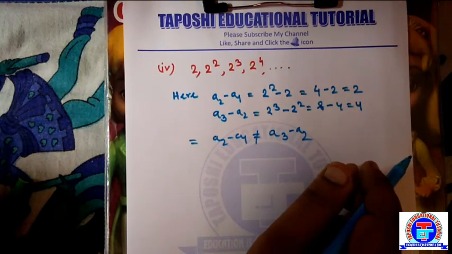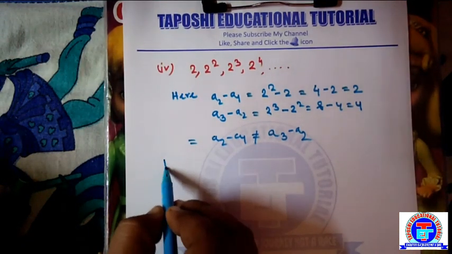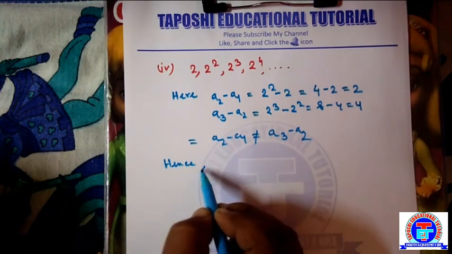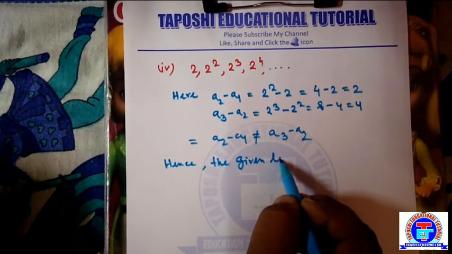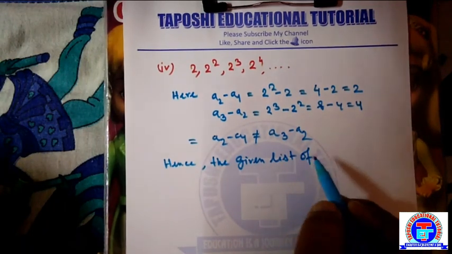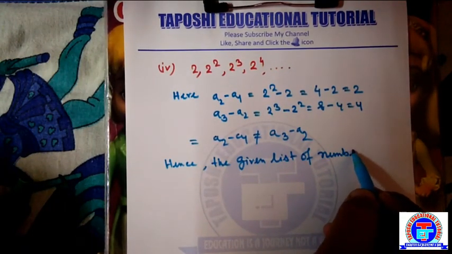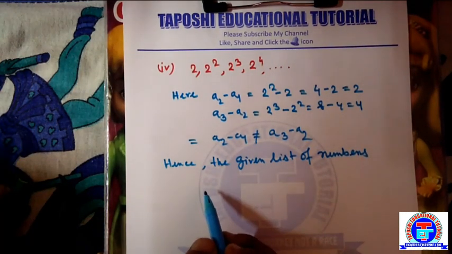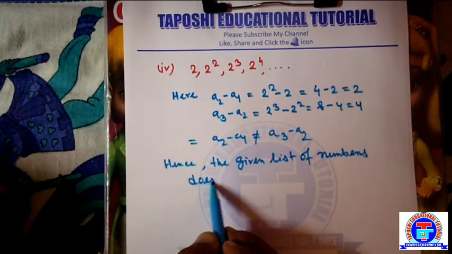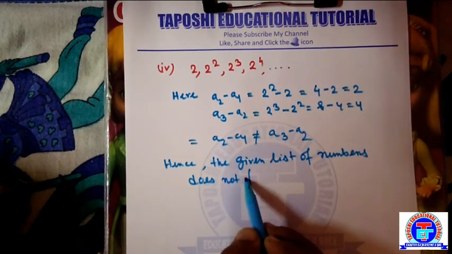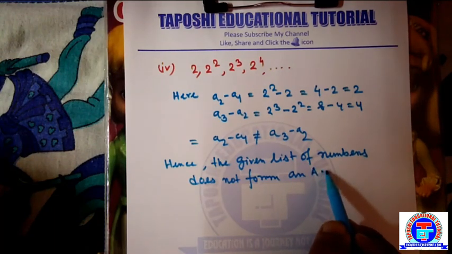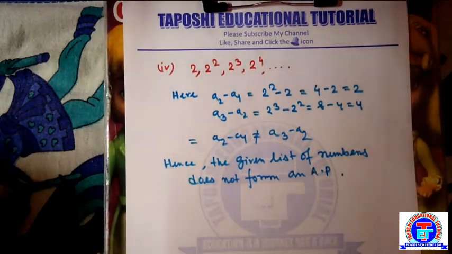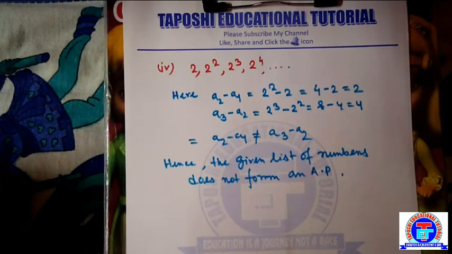So hence the given list of numbers does not form an AP. Right, student? Hope this one you clearly understand.